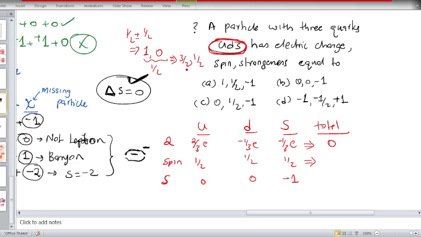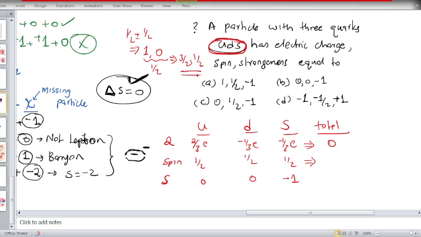Then subtracting, 1 minus 1 by 2 is again 1 by 2, and 0 minus 1 by 2 is minus 1 by 2, so taking the magnitude, it becomes 1 by 2. So only 3 by 2 and 1 by 2 will be there for the total angular momentum.